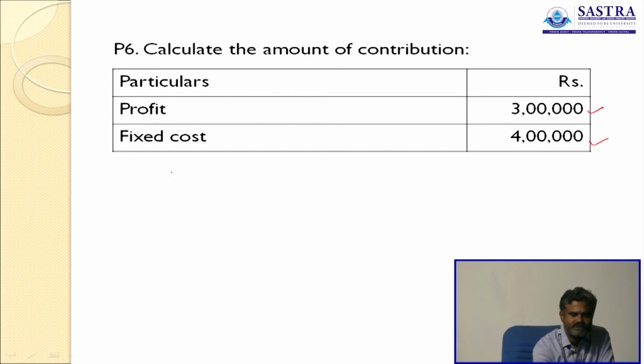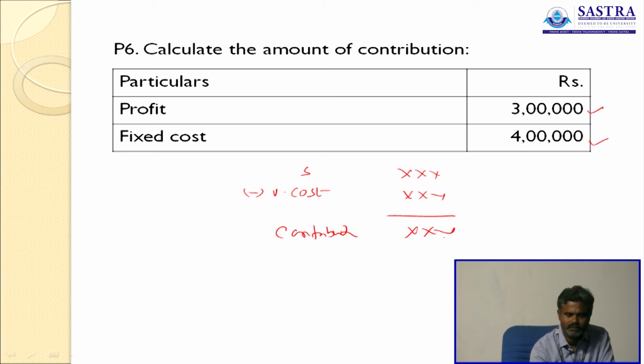So, profit plus fixed cost. Here simply you prepare one marginal cost statement: sales less variable cost, this is contribution; less fixed cost, this is profit.